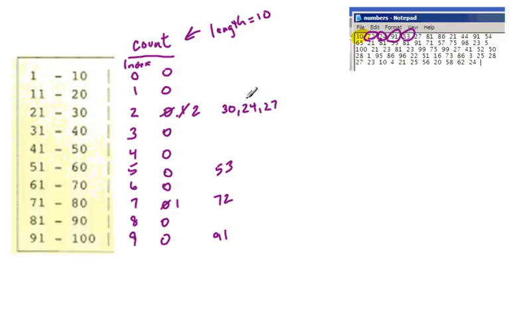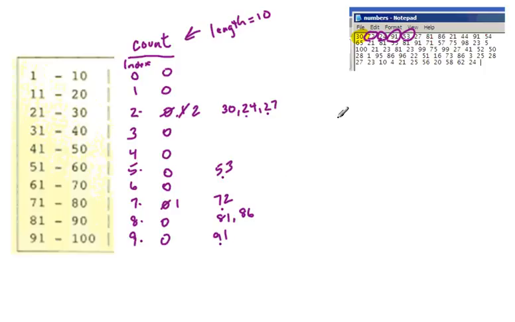I start to realize, oh, except for 30, that first digit matches up with the index. Look at that. The first digit, 5, matches up with the index. The 7 matches up with 7. The 9 matches up with 9. And if I go on to 81 and 86, same thing. 81 goes where I have an 8, and 86 goes right there.